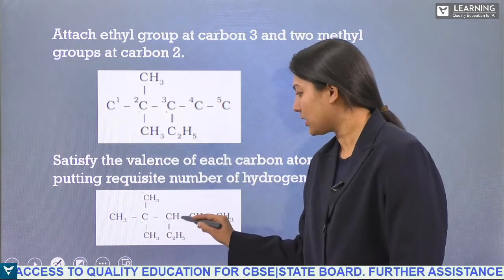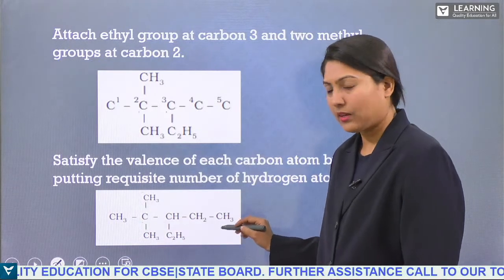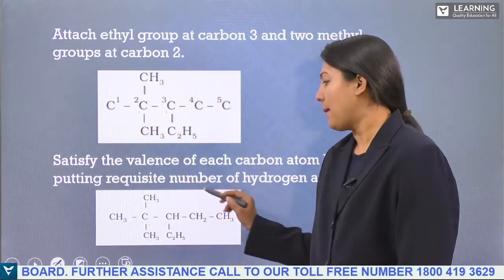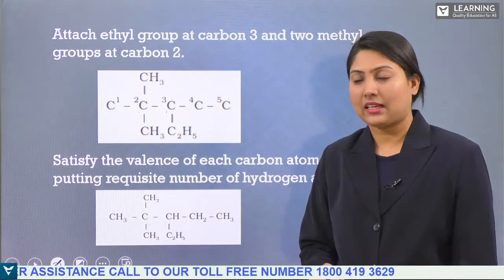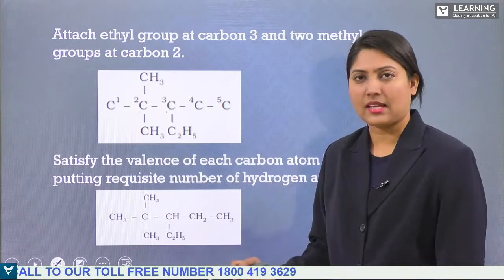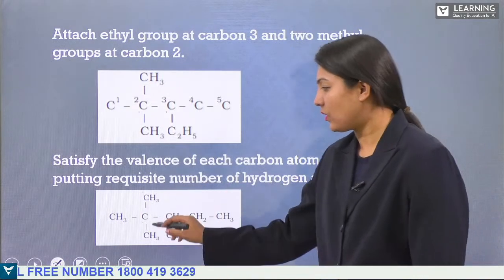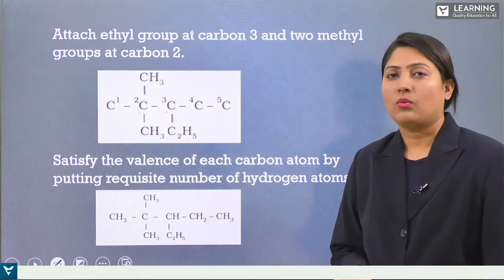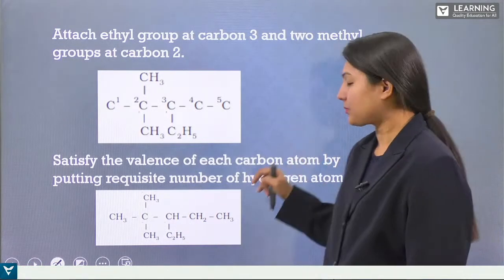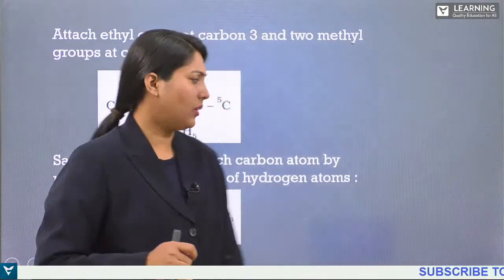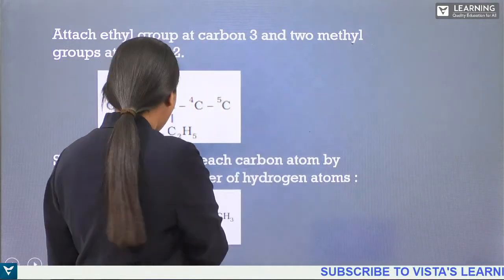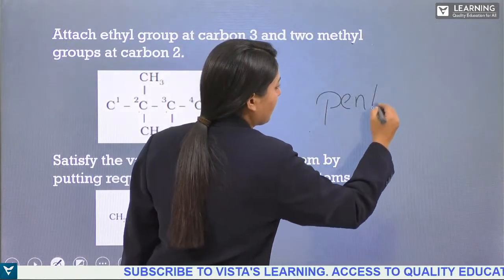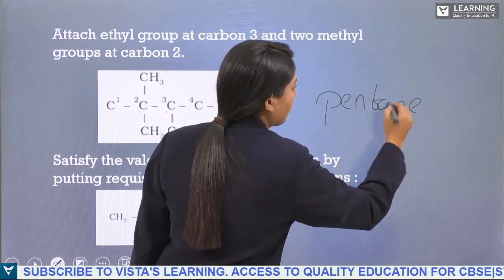So 1, 2, 3, 4, 5, pentane with 2, 2 dimethyl, 3 ethyl. So how can we write this? As I said, whether methyl is first or ethyl is first, we need to go with the alphabetical order. So what happens here? 1, 2, 3, 4, 5, pentane. Right.